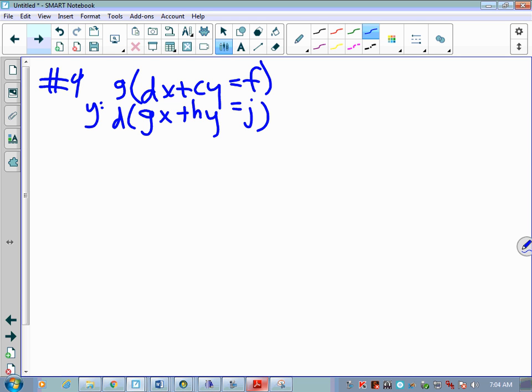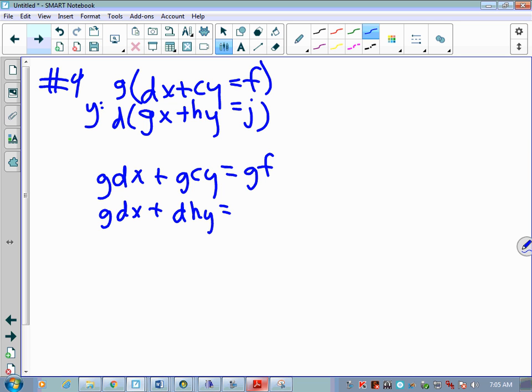Now this is different than how, say, Samir is going to do this. Should still come out to the same answer. So I'm going to rewrite this as gdx plus gcy equals gf, and gdx plus dhy equals dj.